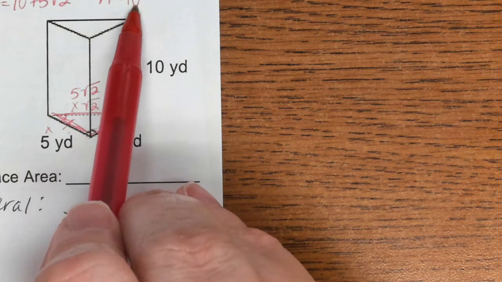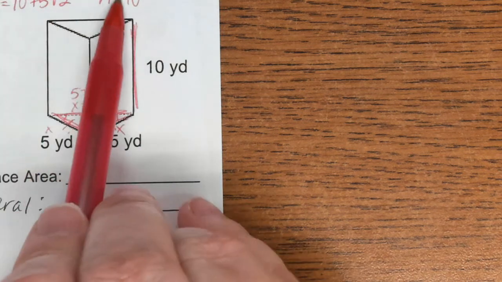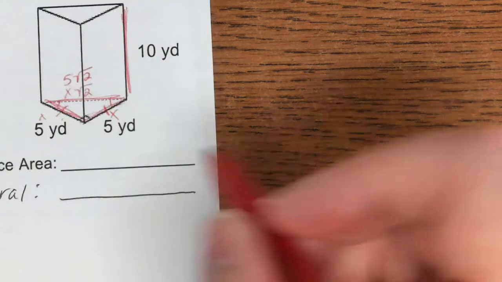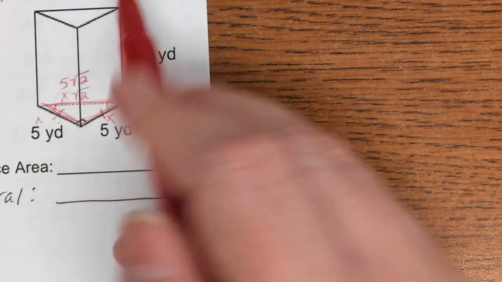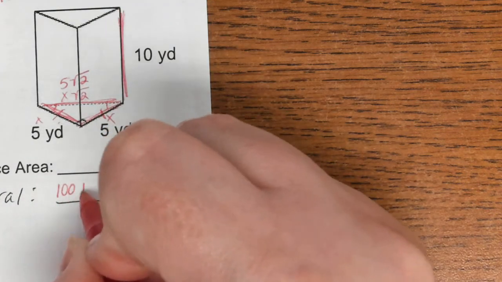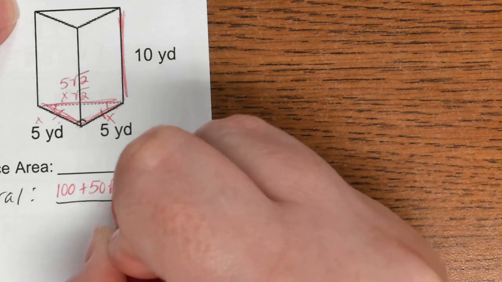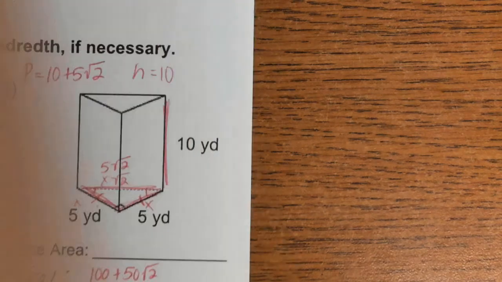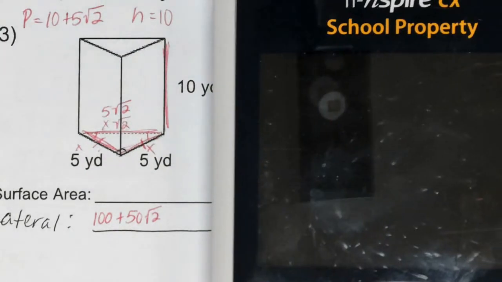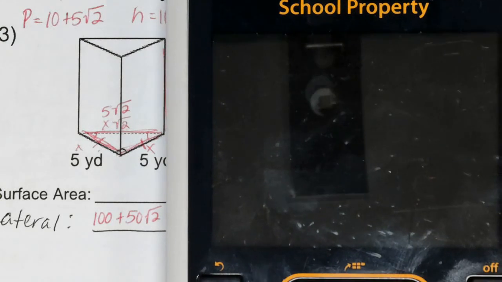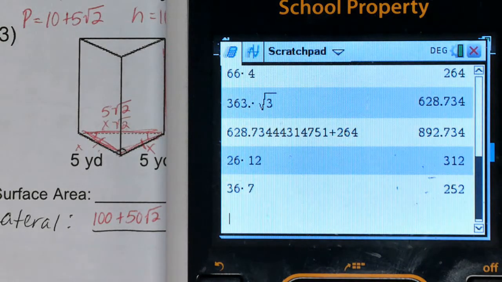Okay? So for the lateral, it's just P times H. So you're just multiplying both of these numbers by the 10, P times H. So what's 10 times 10? 100. And then what's 5 times 10? So you got 50 square root of 2. Now it does tell you to round these. So you can put in your calculator 100 plus 50 square root of 2.